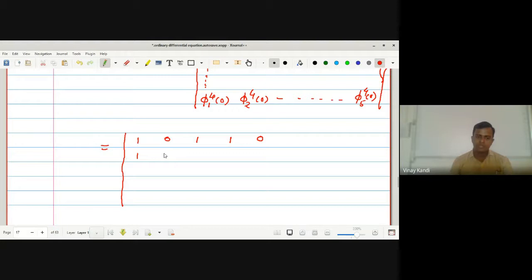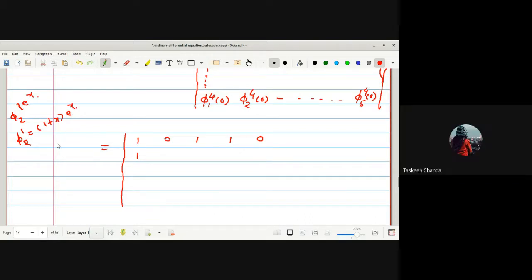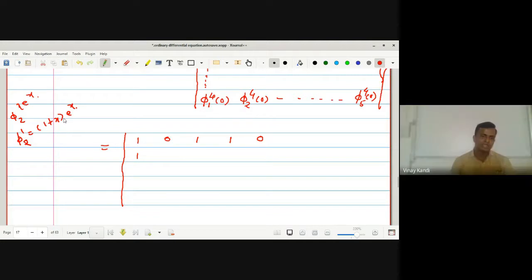Here we get, तुमचं काय आहे? x into e raised to x आहे. हा phi 2. त्याचा phi 2 dash काय येणार? 1 plus x into e raised to x येणार. ओके. Put x is equal to 0 here. 1 येत आहे सर. x is equal to 0 काय येणार? 1 येणार. ओके. असे सगळे व्हॅल्यू काढायचे तुम्हाला.